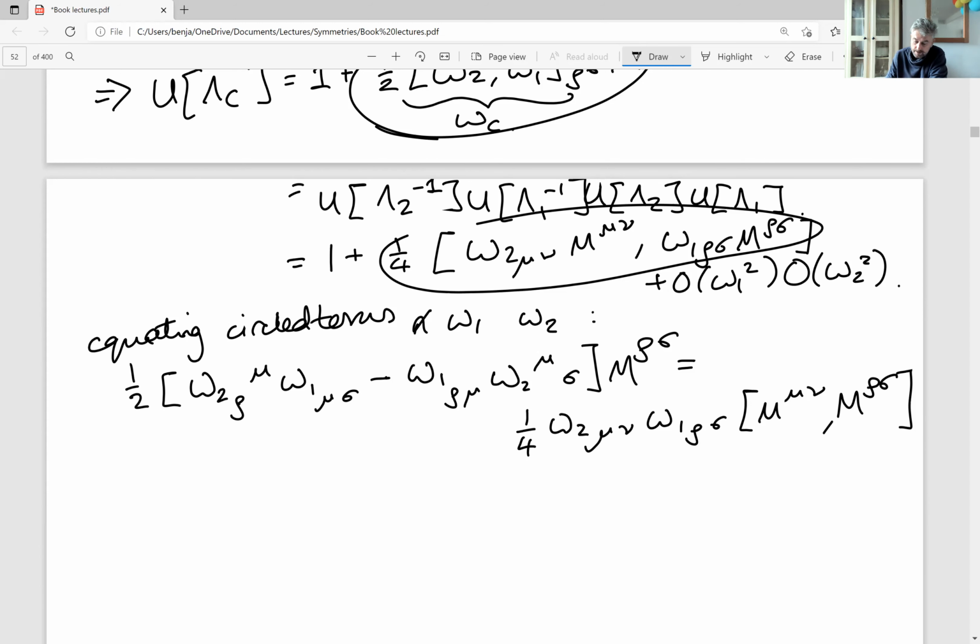So the idea is, we're beginning to get something that looks like a Lie algebra. Remember, the M's are supposed to be elements of the Lie algebra, and the Lie algebra usually is written in terms of the commutator of elements, and you get something proportional to an element or to the sum of some elements. And so all we have to do is take into account that these omegas are arbitrary antisymmetric parameters.